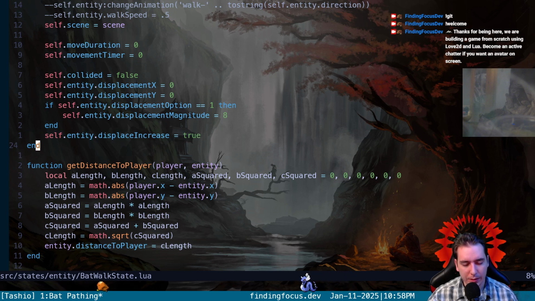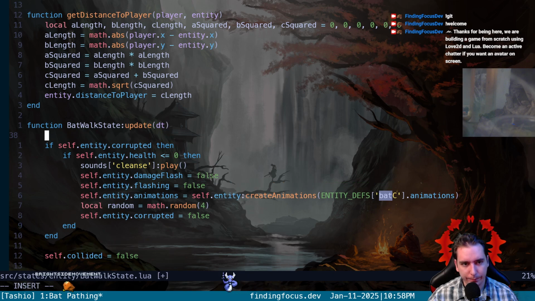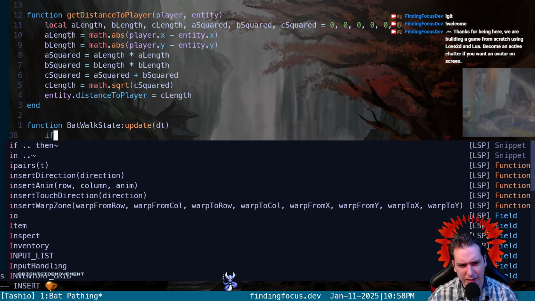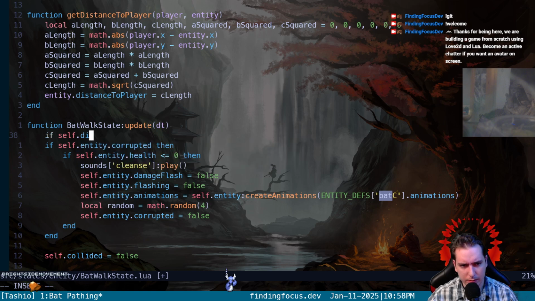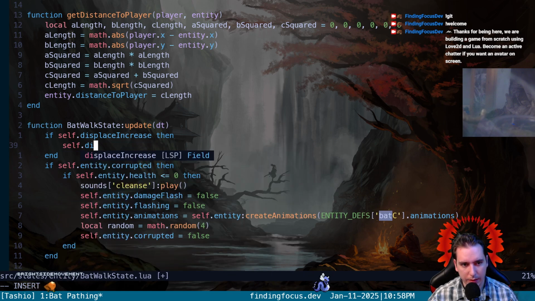So in our update, we can say, okay, if our displace increase, then we want to adjust our displace x.